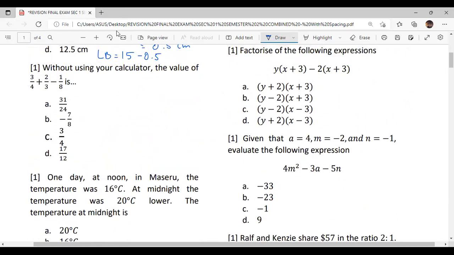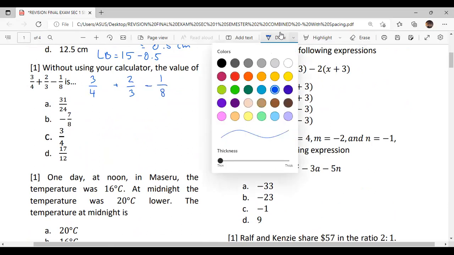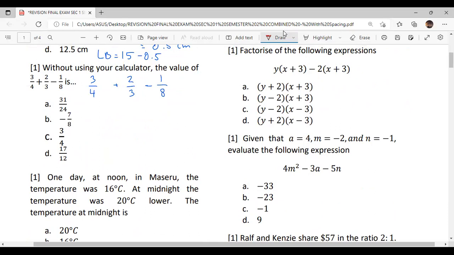Next number. In order to solve the addition and subtraction of fractions, you need to make the denominators equal. I just rewrite it one more time to make space for us to solve this problem. Now I use the red color. We need to make the denominators equal: 4, 3, and 8. 4 and 3 make 12, but 12 is not a multiple of 8, right? 8 cannot be multiplied by something to get 12.